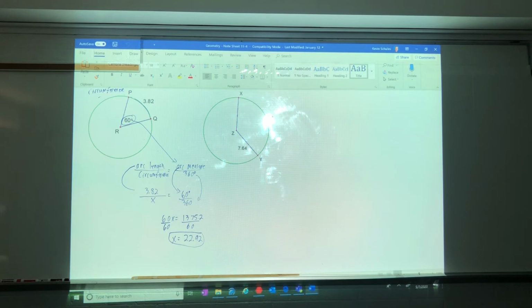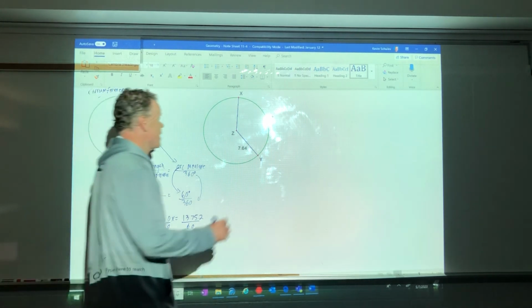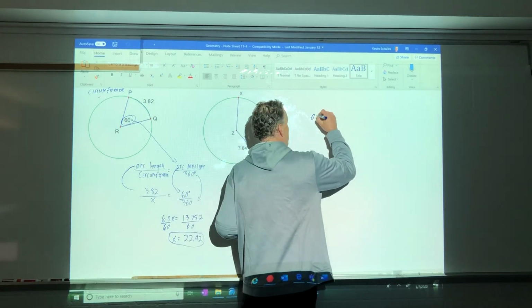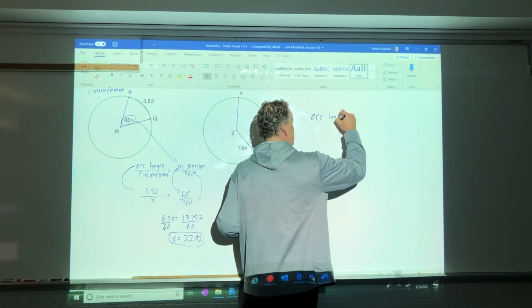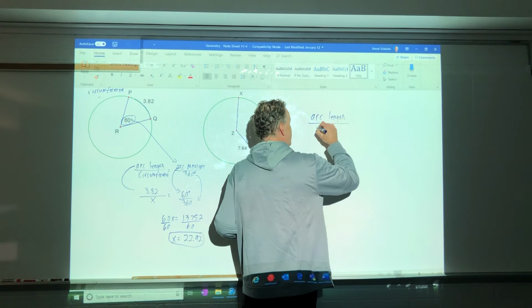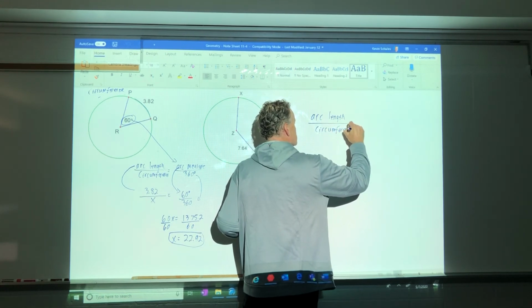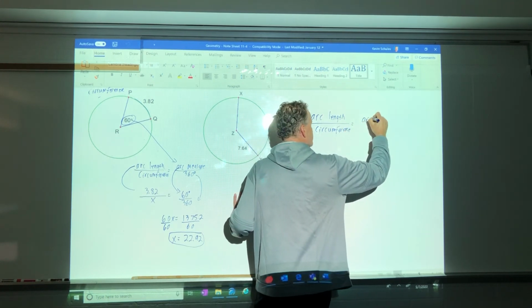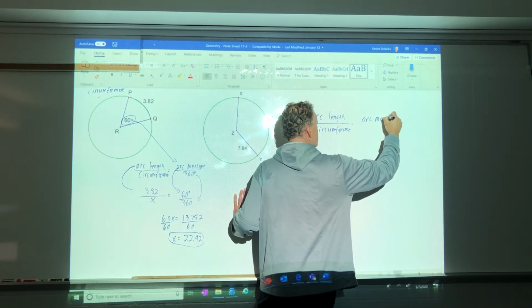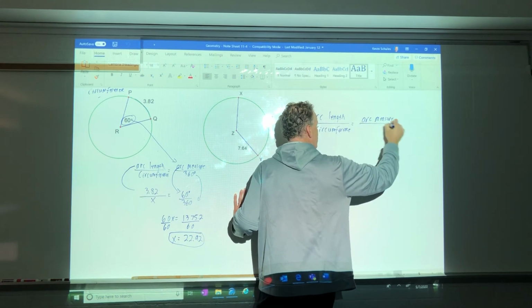So for the arc measure, we're going to write our formula, and let's see what we have. Our formula is arc length over circumference equals arc measure over 360.